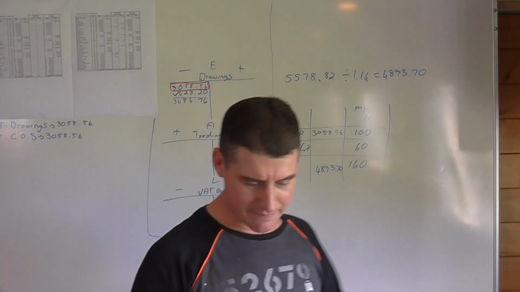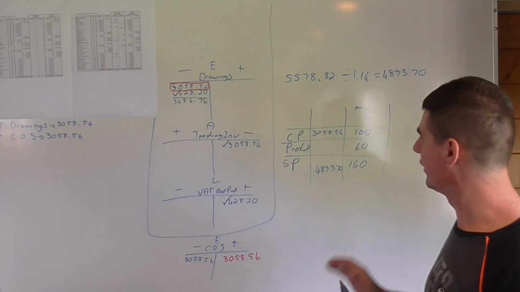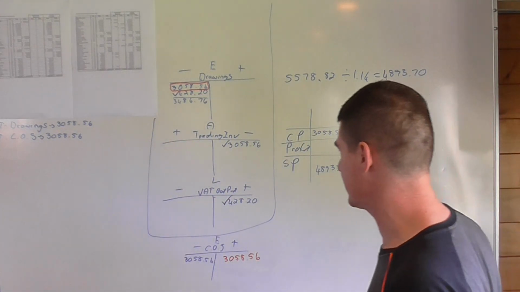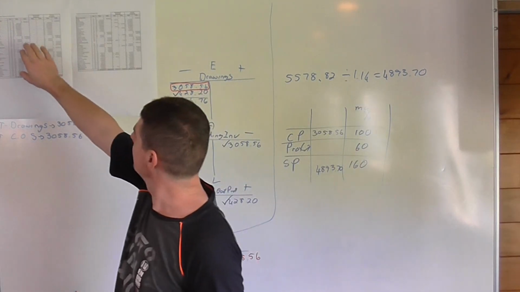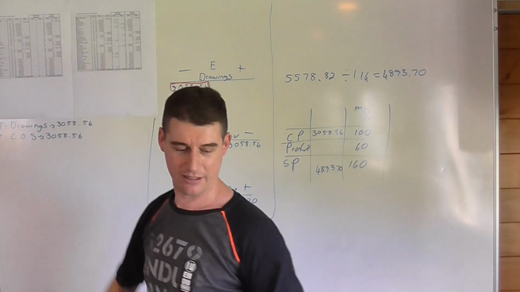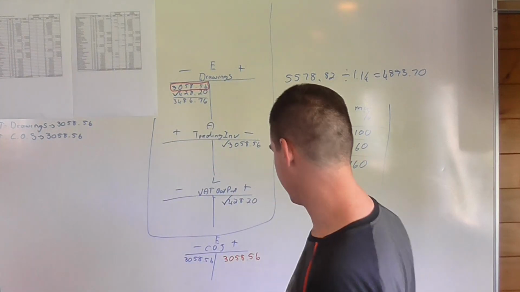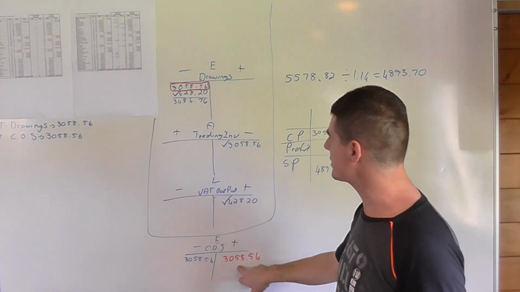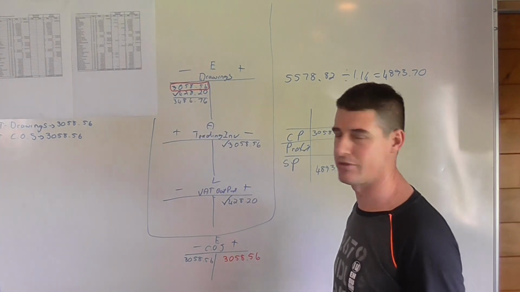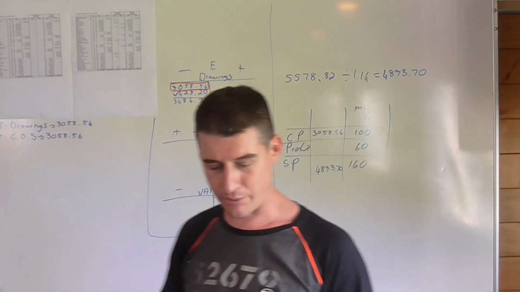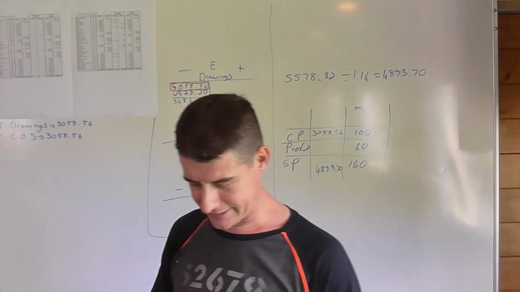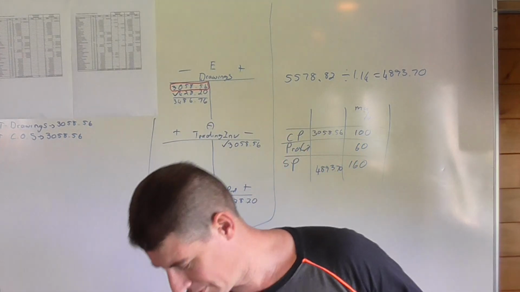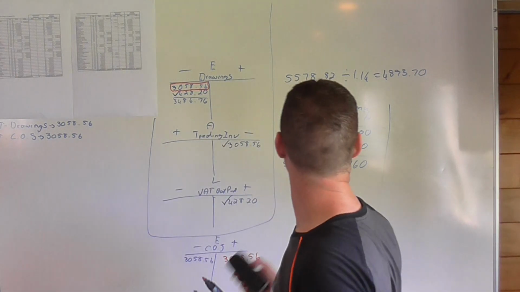Just make a mental note for yourself of what you have to fix, and then write it down. We will put it in the recommended adjustment column when we're done with everything. So we had to reverse the cost of sales and add to drawings. Just read your question very, very carefully, okay? Right, let me wipe this quickly.